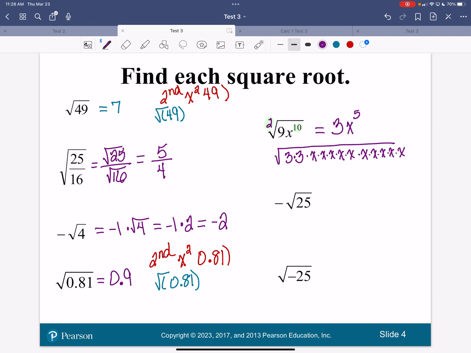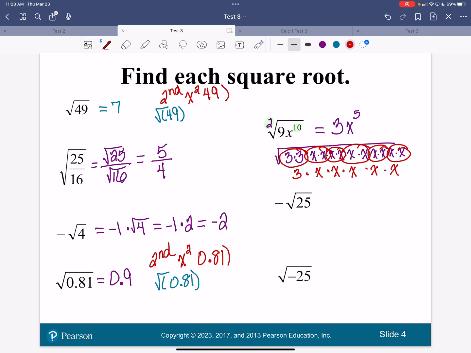Now, if you have a set of 2 inside the square root, you pull one of them out. Okay? So, here is a set of 2 3s, so I pull 1 3 out. Here's a set of 2 x's, another set of 2 x's, another set of 2 x's, another set of 2 x's, and another set of 2 x's. Okay, and that is how I get x to the 5th.